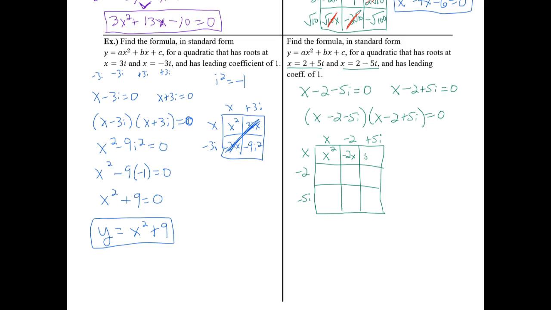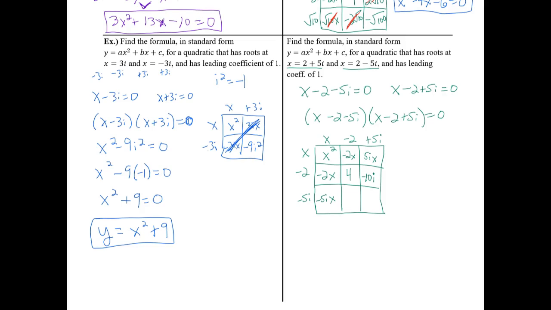5i times x, I can just write 5ix. Negative 2 times x again in the second row. Negative 2 times negative 2 would be a positive 4. Negative 2 times 5i is negative 10i. Last row, negative 5i times x is negative 5ix.